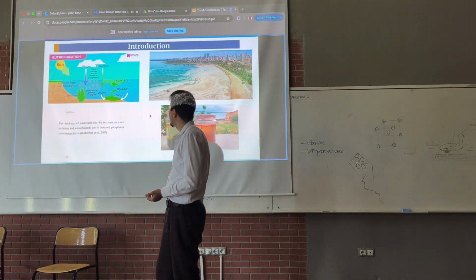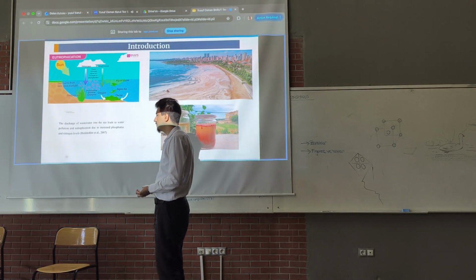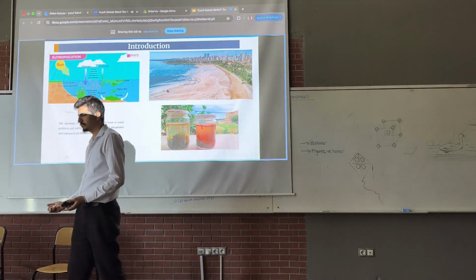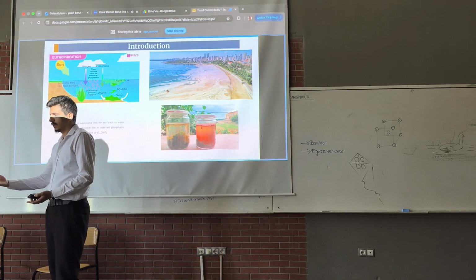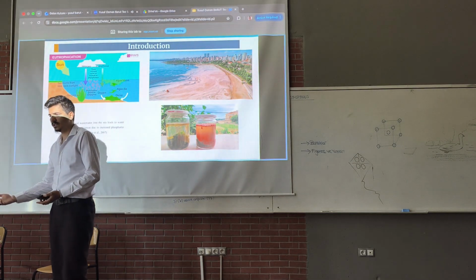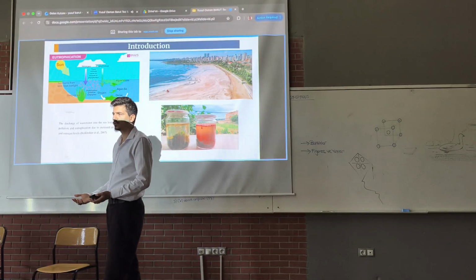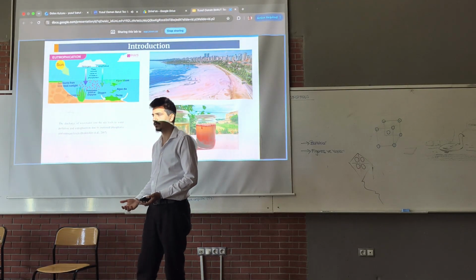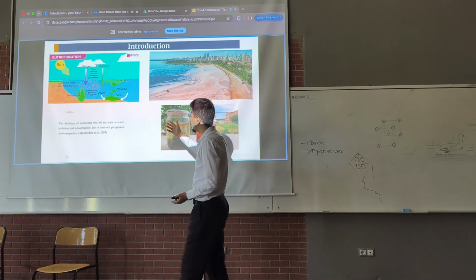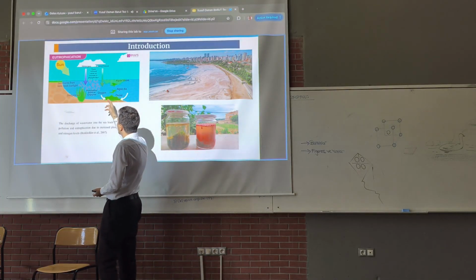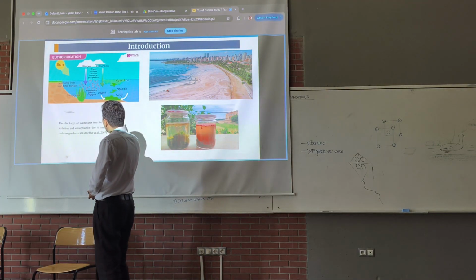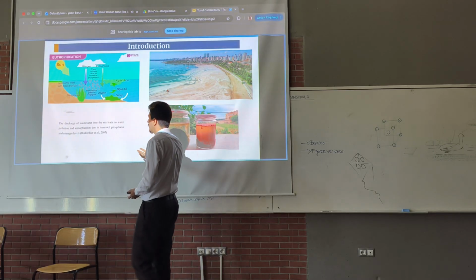And the other subject is eutrophication. In wastewater systems, currently phosphorus and nitrogen elements are directly poured into our seas, and this can lead to eutrophication.